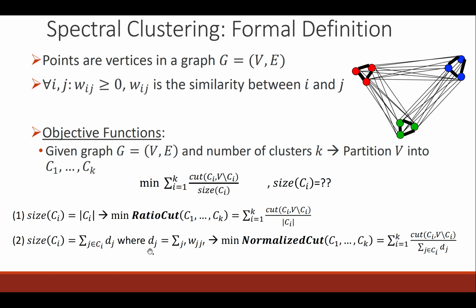So basically, for a point j, dj is equal to the sum of the weights between j and the rest of the points j prime in the graph. And if we take this as a measure of size, then we get the normalized cut, where it's basically, again, the same definition, the sum from i equals 1 to k of the cuts between Ci and the rest of the graph, divided by the size of Ci.